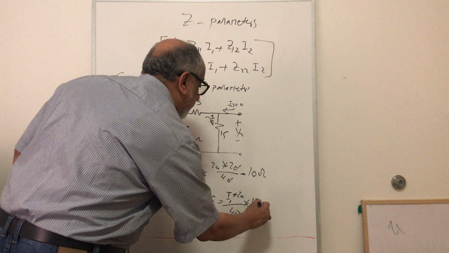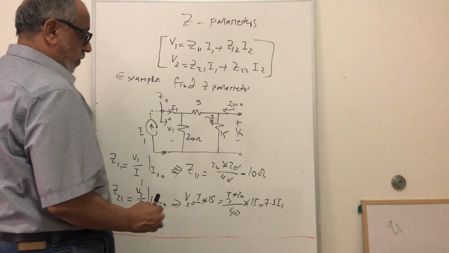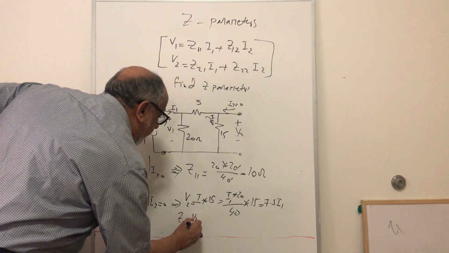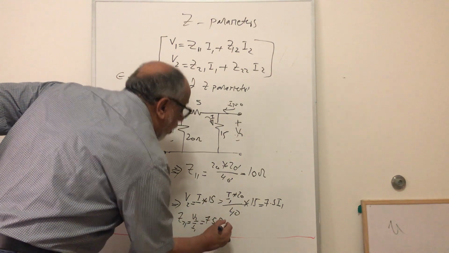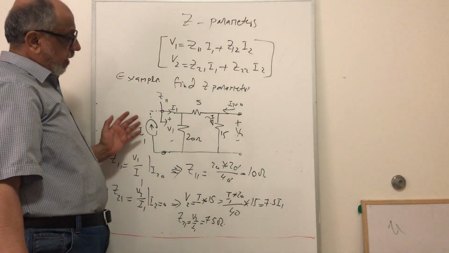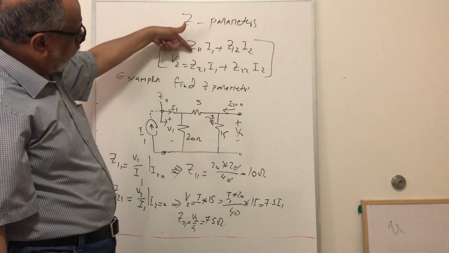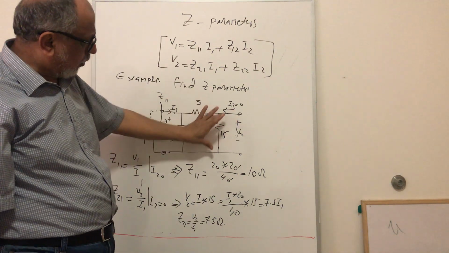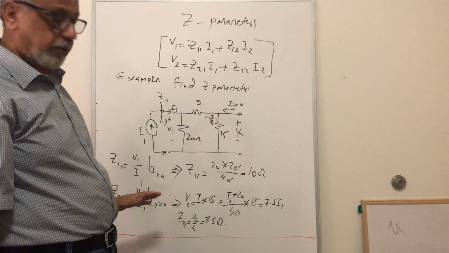So that will give me 7.5 I1. So if I divide now, Z21 equal to V2 over I1, and that will give me 7.5 ohms. So that is how to find Z21. So it is better to get these two parameters, Z11, Z21, first, because we will use the same circuit here with I2 set equal to 0, right?